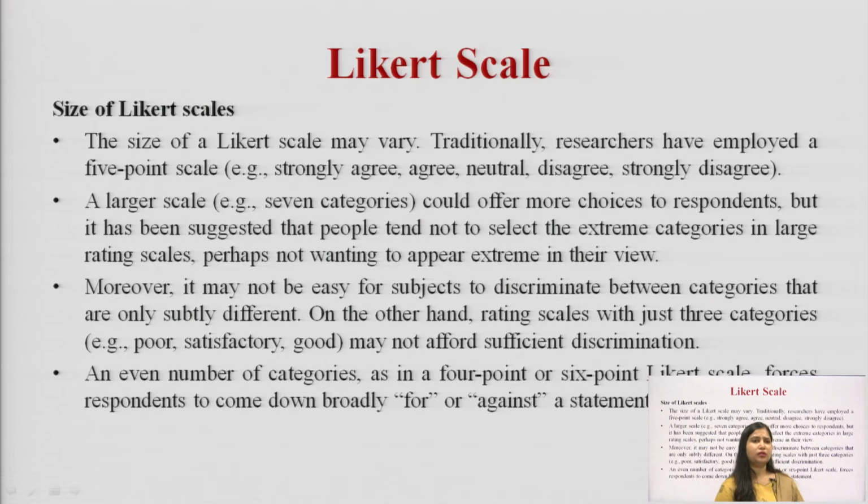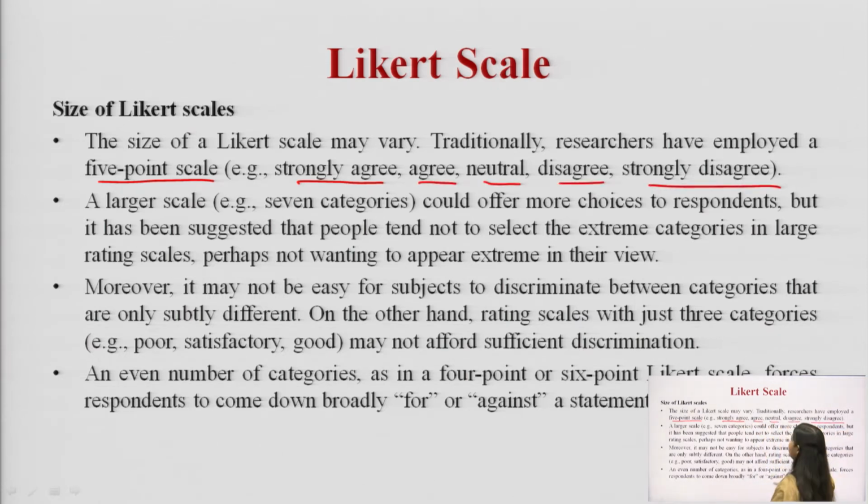And what is basically the size of the Likert scale? The Likert scale size varies from type to type. Most importantly, the traditionally employed Likert scale is the 5-point Likert scale, like this: strongly agree, agree, neutral, disagree, and strongly disagree.